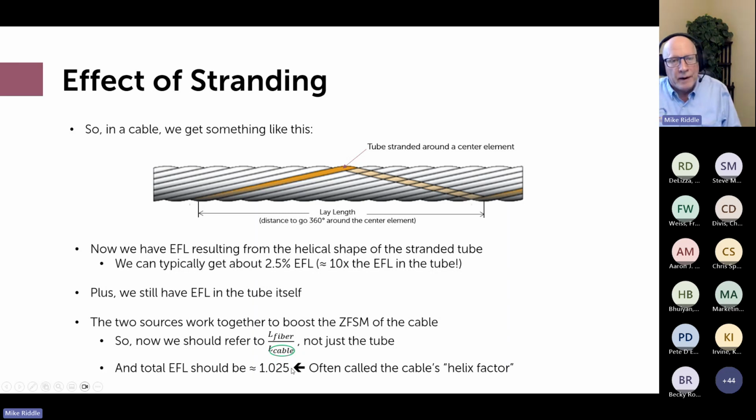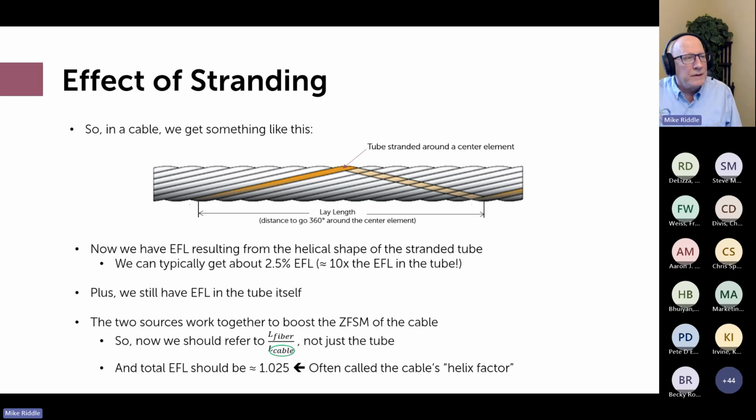0.0025? And you're right. You really should add the two, but the reality is most cable manufacturers, when they're converting optical length to physical length, they're using just the helix factor, considering only the stranding of the tube, not also the EFL within the tube itself. Just a common practice. Is there a downside to it? Not really.